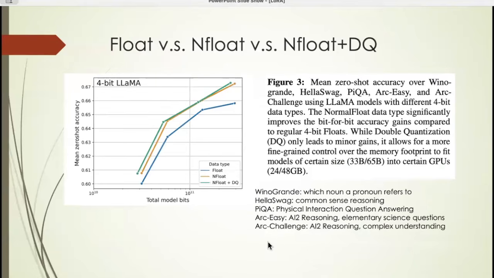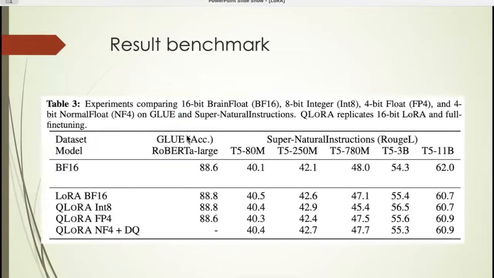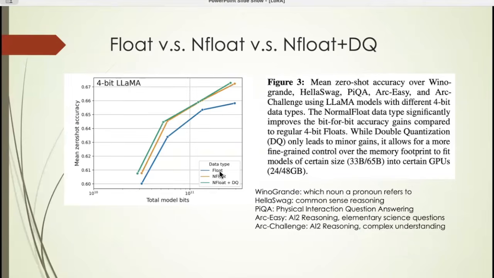They also have some very interesting discoveries. This is on the 4-bit quantized LLaMA model. They first test the effectiveness of all these 4-bit quantization approaches. So this is the float. This is also a 4-bit float, but with linear equal weight, right?